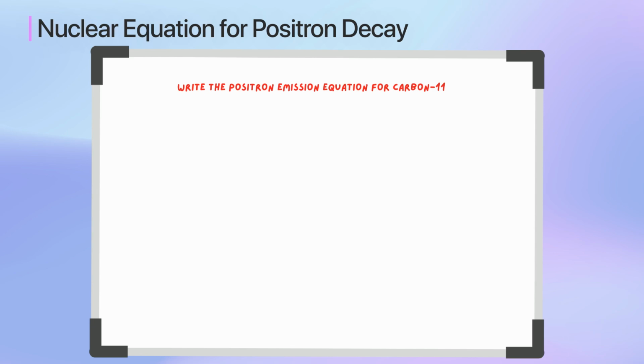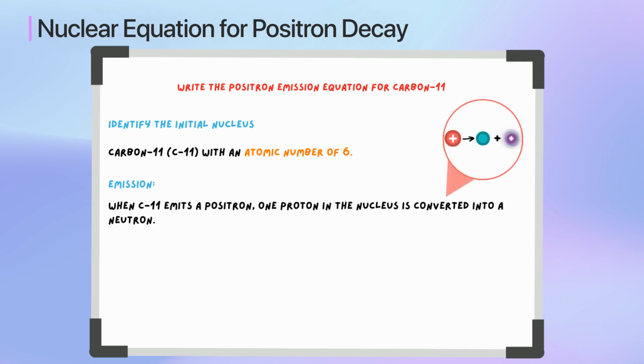Here, we're being asked to write the positron emission equation for carbon-11. First, we identify the initial nucleus and its properties, which is carbon-11, with an atomic number of 6. Then we determine the changes after emission. When carbon-11 emits a positron, one proton in the nucleus is converted into a neutron.